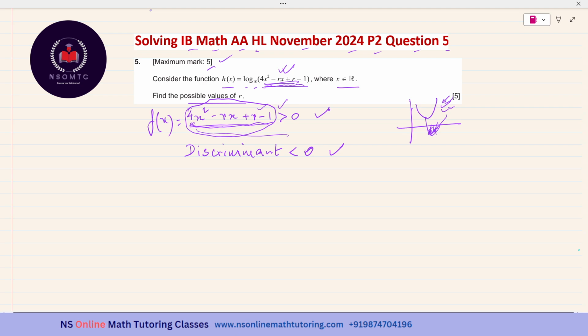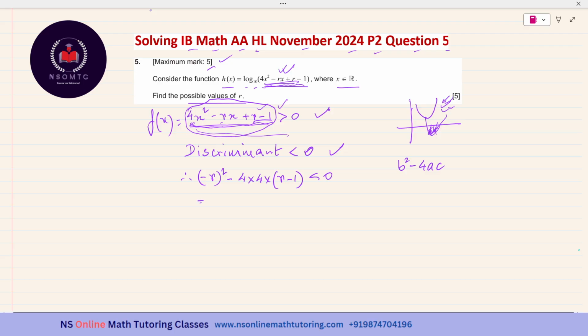And what is the discriminant expression? Discriminant is b squared minus 4ac. So b is negative r, so negative r whole squared minus 4 times a, which is 4, times c, which is r minus 1, should be less than 0.